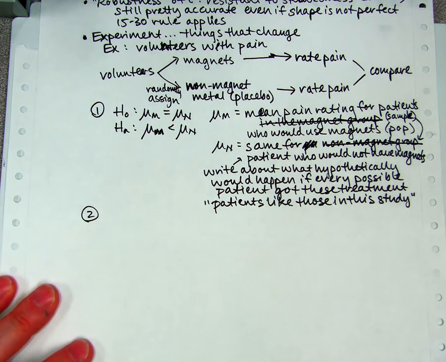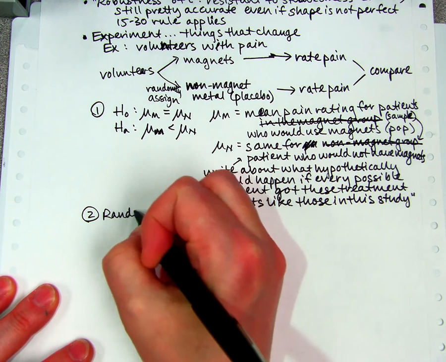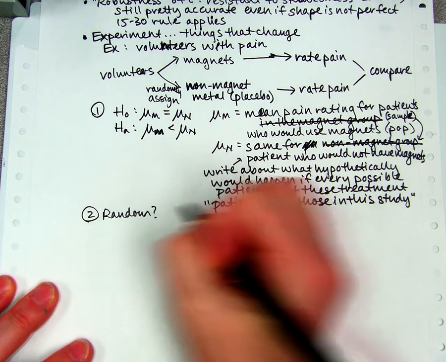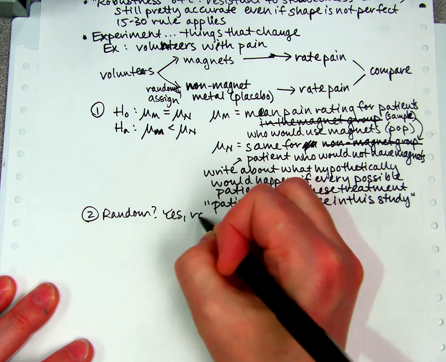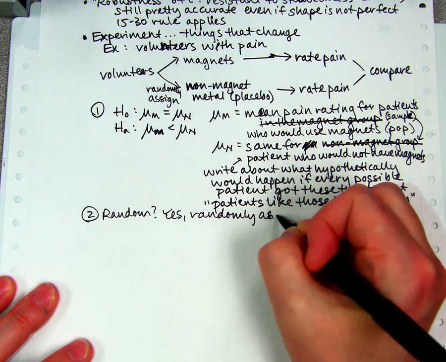Step 2 mostly is the same, but not quite all the same. Random. Instead of saying yes given, you would hopefully say yes randomly assigned treatments, because it's not a random sample, it's assigned treatments.